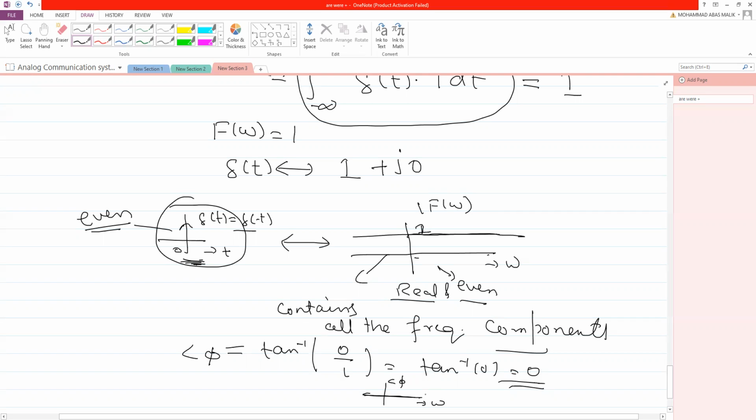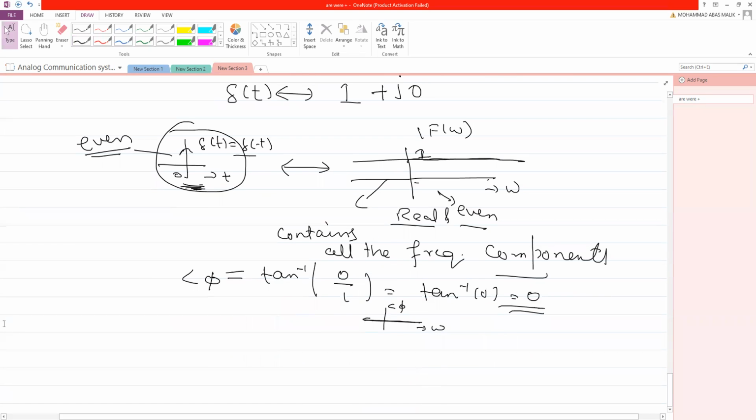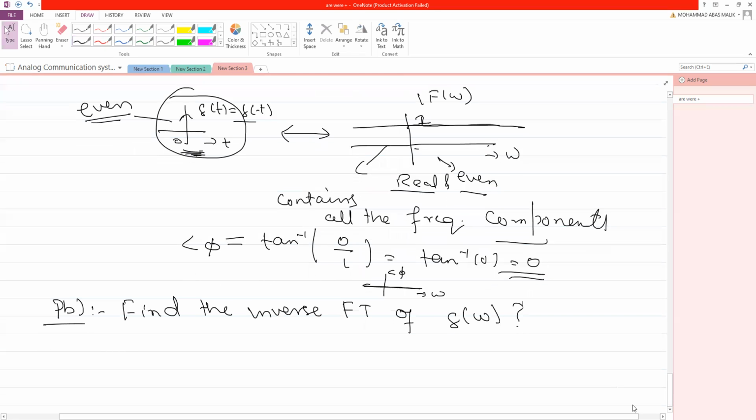Okay, this is your assignment question. You can do this at home before going for the characteristics of media channel. Find the inverse Fourier transform of delta of omega, by using the mathematical definition.